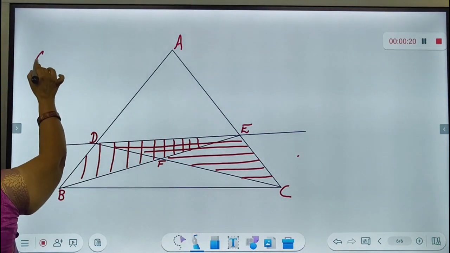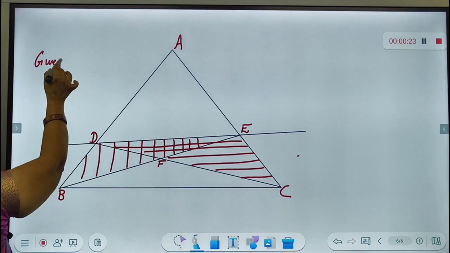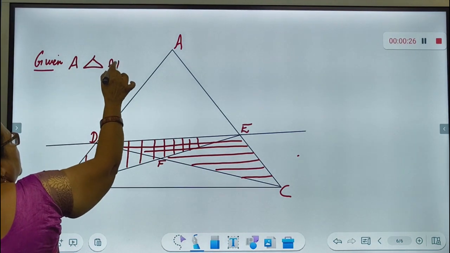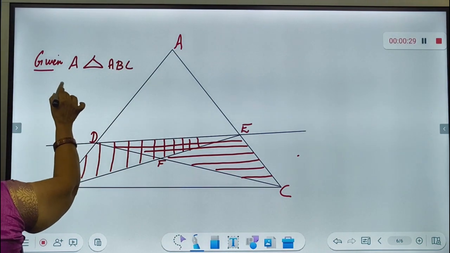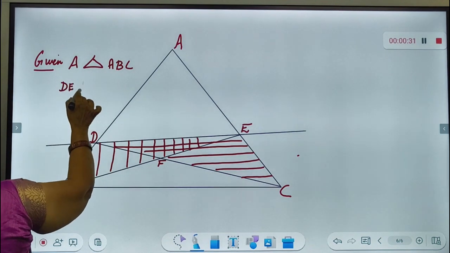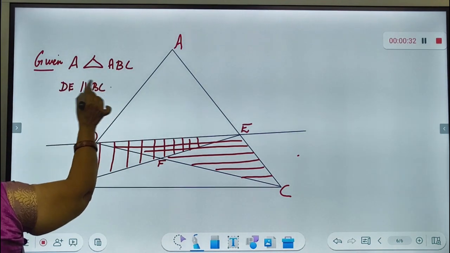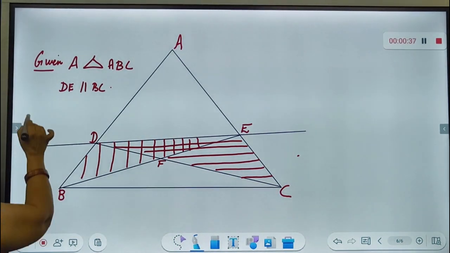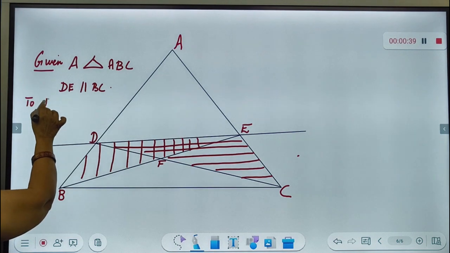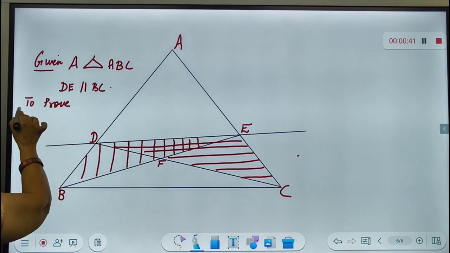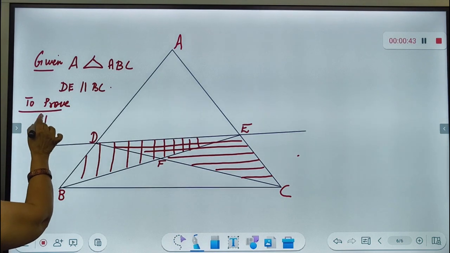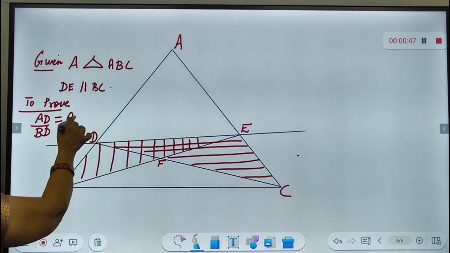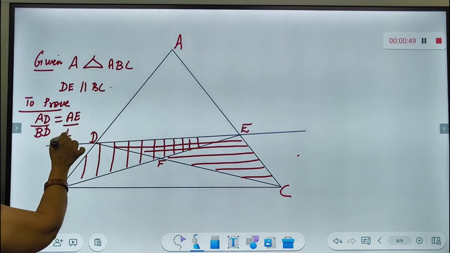So you are given a triangle ABC and a line DE which is parallel to BC. We are going to prove AD by BD is equal to AE by EC.